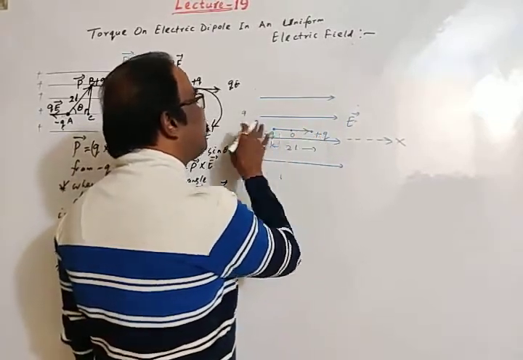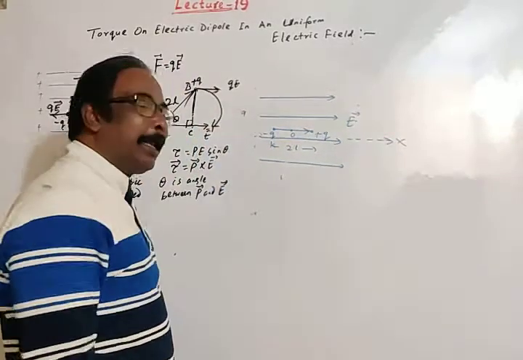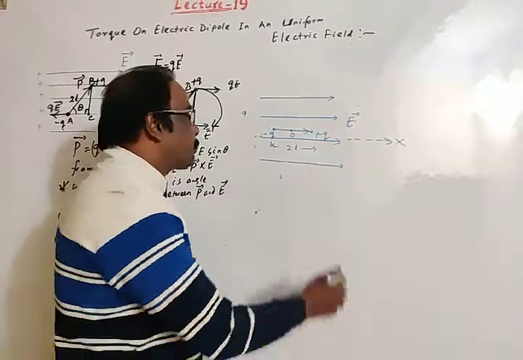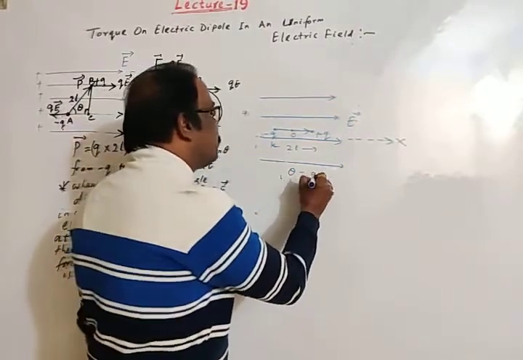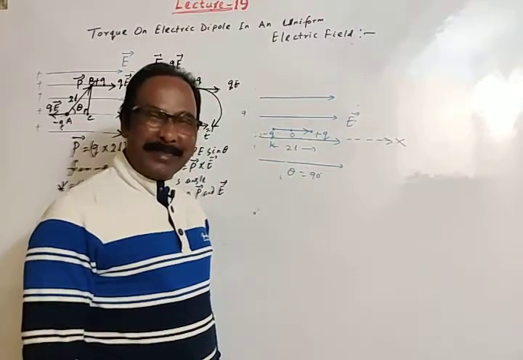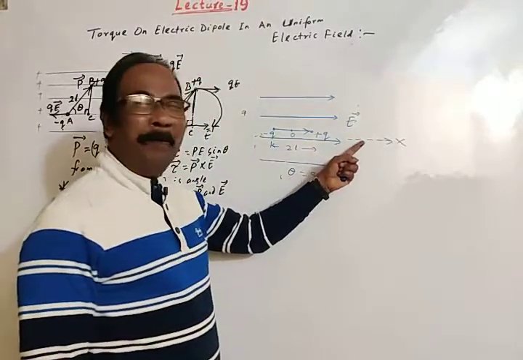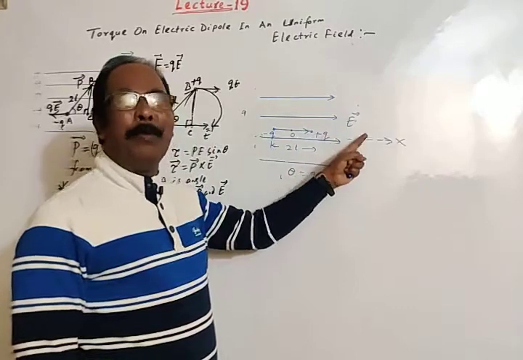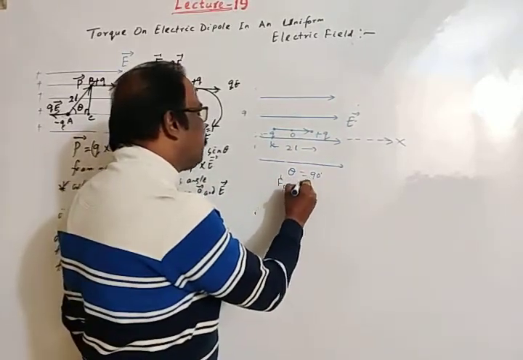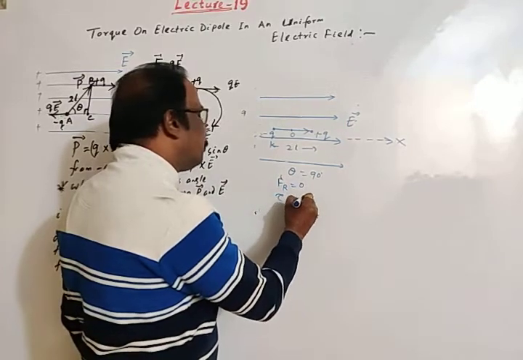Now, the dipole is parallel to the direction of electric field. Dipole moment is directed from minus q to plus q. So here theta is 0 degrees. As we have discussed, if a dipole is placed parallel to the direction of electric field, then resultant force is 0 and resultant torque is 0.